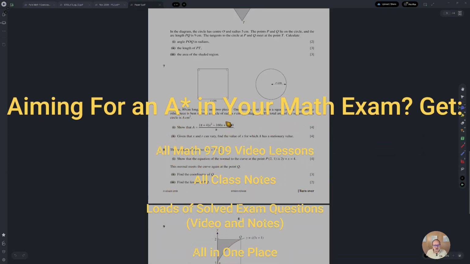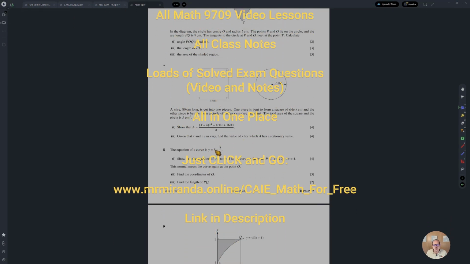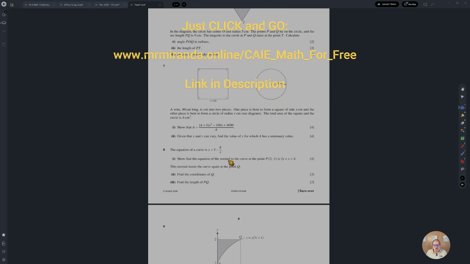Last one is this question over here, 8. The equation of a curve is y equals 5 minus 8 over x. Show that the equation of the normal to the curve at a point P (2, 1) is this. Again, more of the same. You want the equation of the normal. So what do you do? You differentiate this to get the expression for all possible gradients.